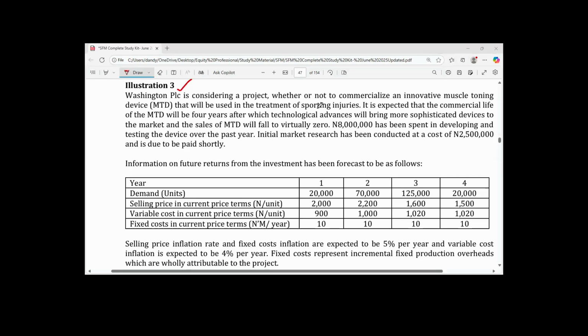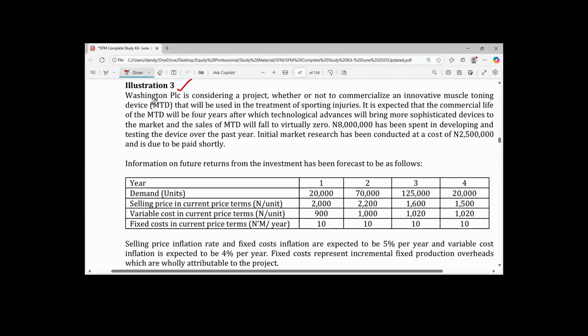It is expected that the commercial life of the MTD will be 4 years, after which technological advances will bring more sophisticated devices to the markets, and the sales of MTD will fall to virtually zero. 8 million naira has been spent in developing and testing the device over the past year.